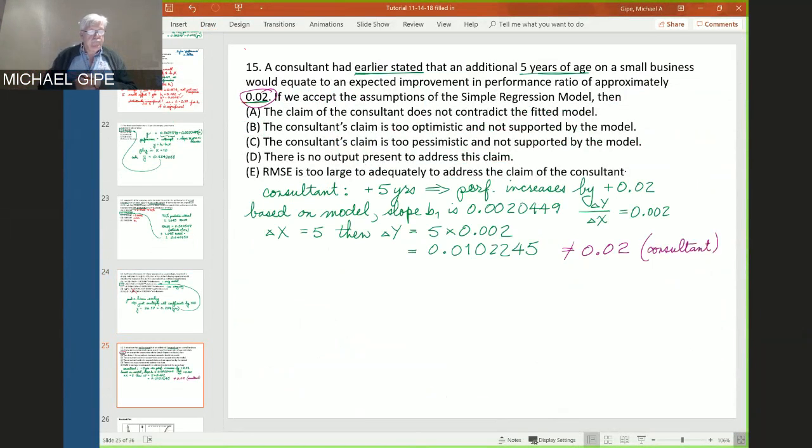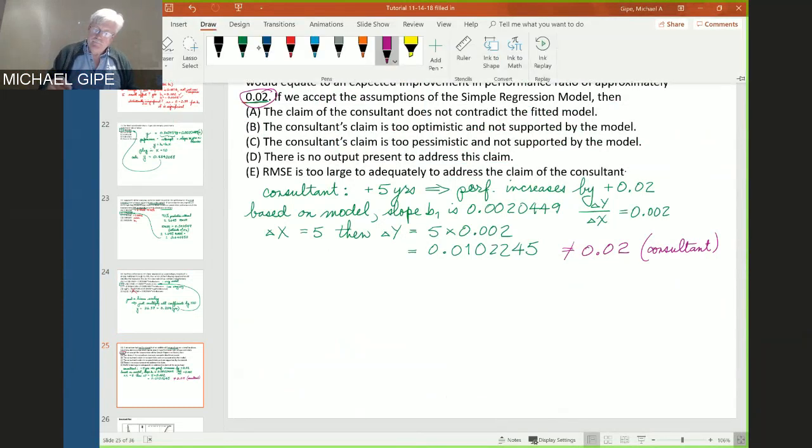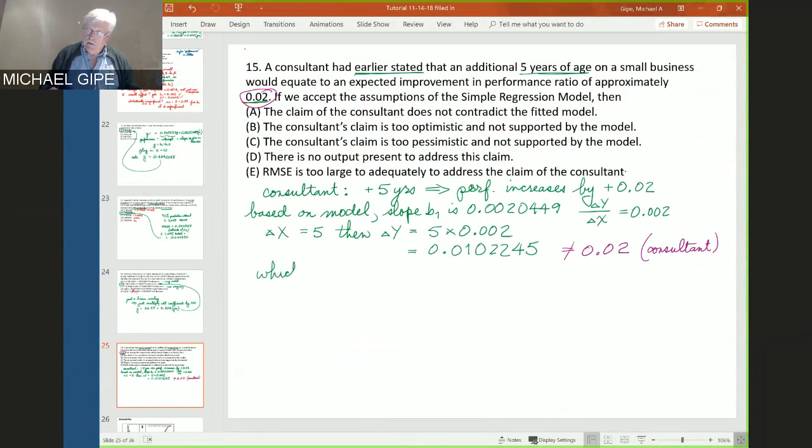But the model says it's a smaller improvement for 5 years than the consultant says. So B is possible, too optimistic.